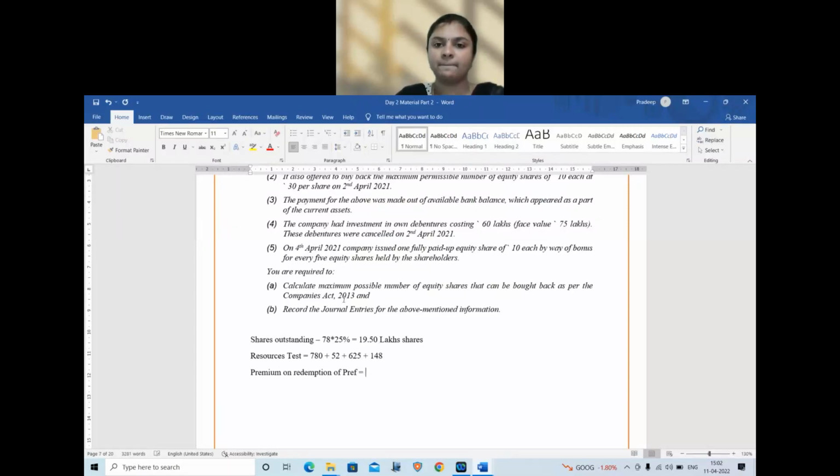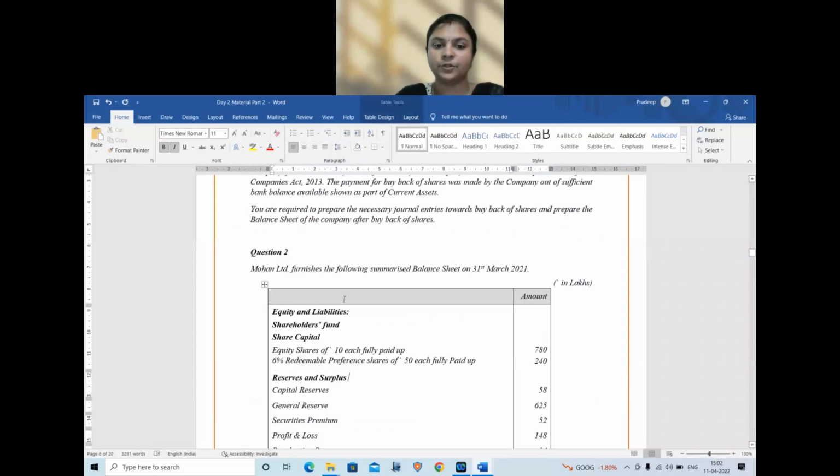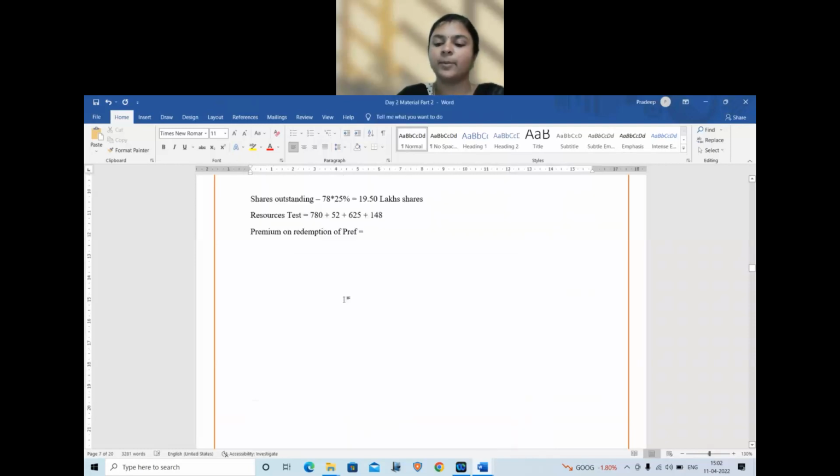What is the premium? I think 240 into 10 percentage, 24 lakhs is the premium. So securities premium now available as resources will not be 52, it will be 52 minus 24. Listen carefully, then you can take down.